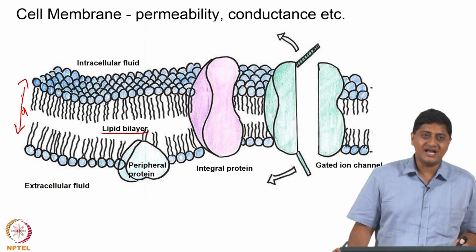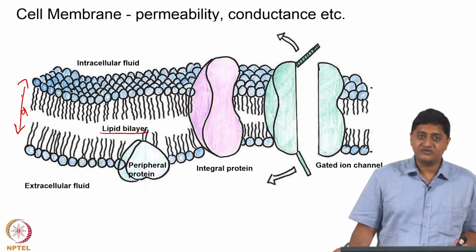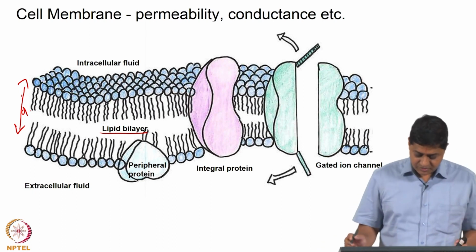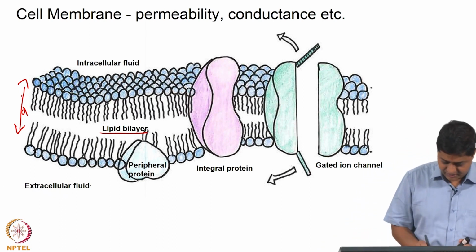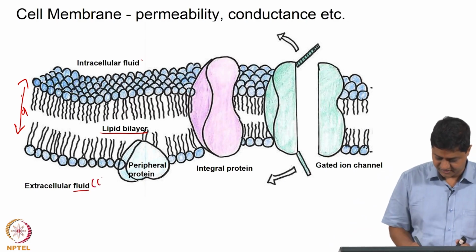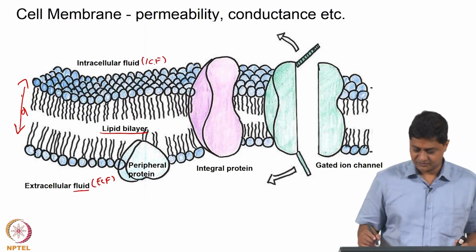So it has channels through which it can allow transport of solutes. In this case we are interested in transport of ions from one side of the membrane to the other side of the membrane in particular. So there is extracellular fluid on this side, briefly called the ECF, and this is the intracellular fluid, ICF.